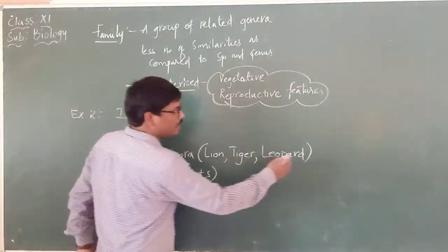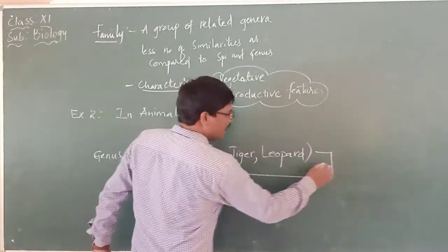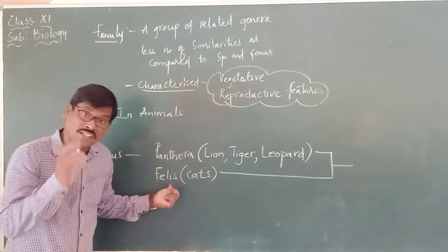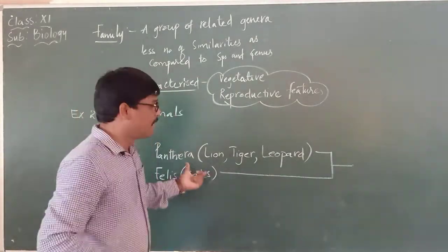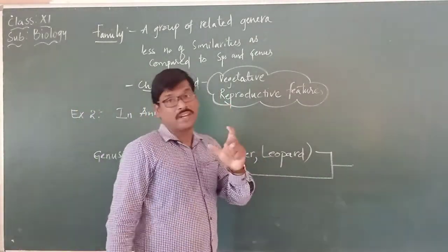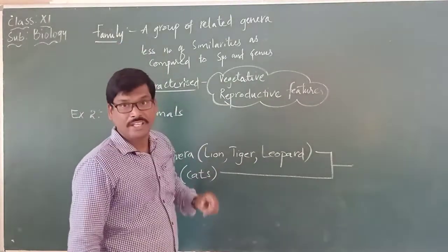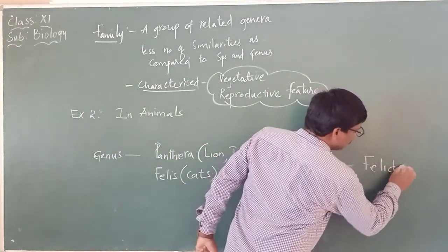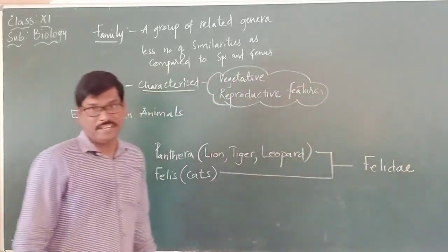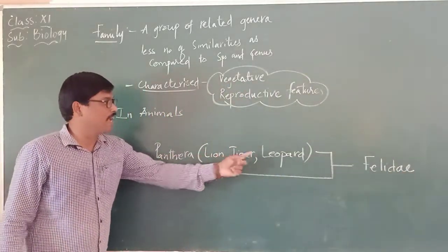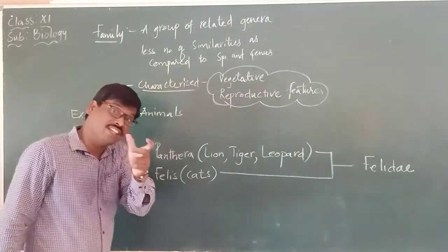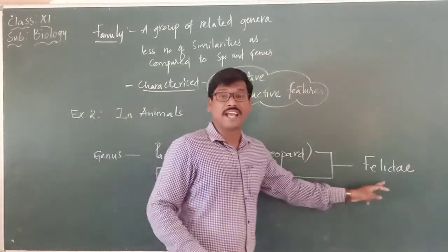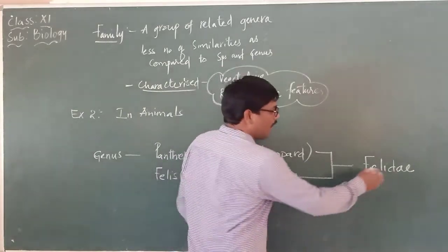So that's why these two are placed under one family called Felidae. Please remember this. So Panthera, lion, tiger, leopard, and the cats are sharing some common features, and that's why they are placed in one family called Felidae.